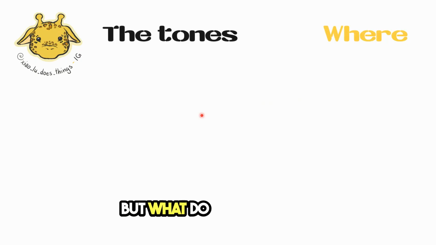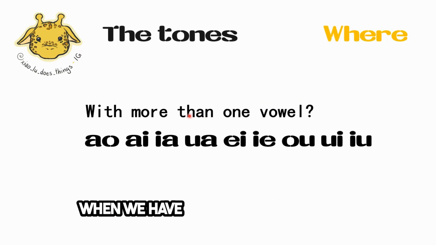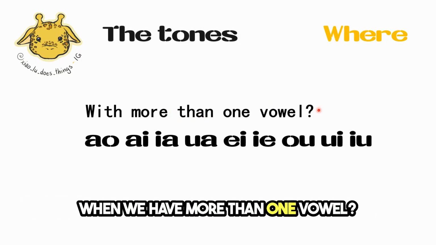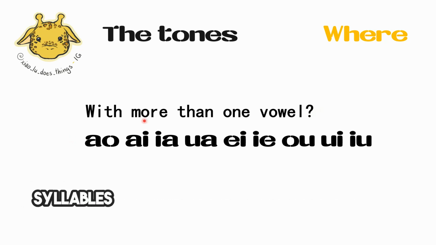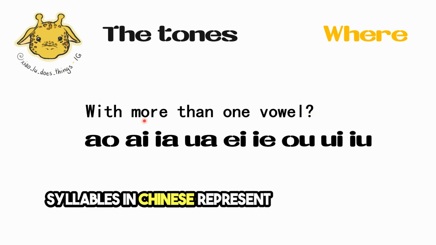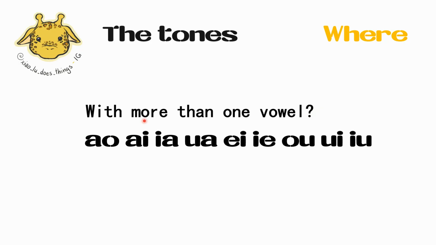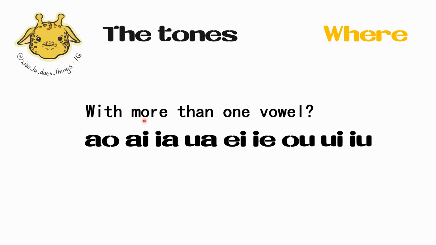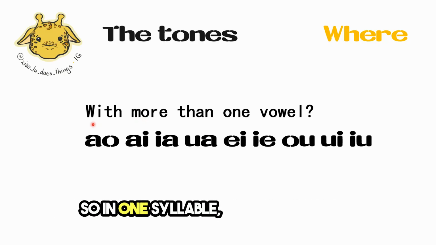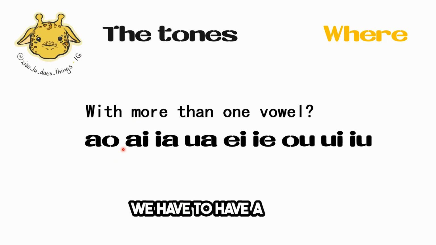But what do we have to do when we have more than one vowel? We just saw that syllables in Chinese represent the main sounds, the smallest unit of sounds in Chinese. So in every syllable, we have to have a tone.